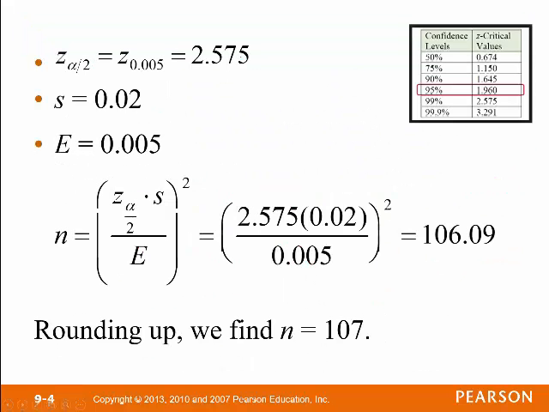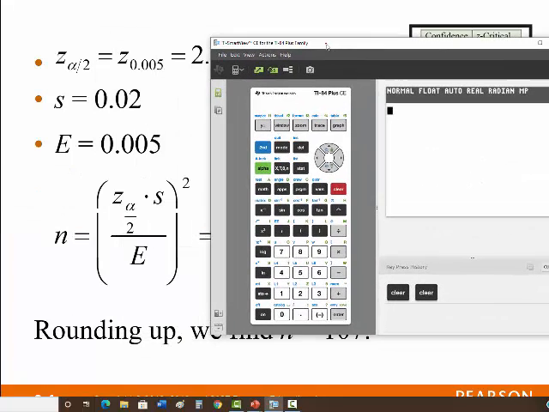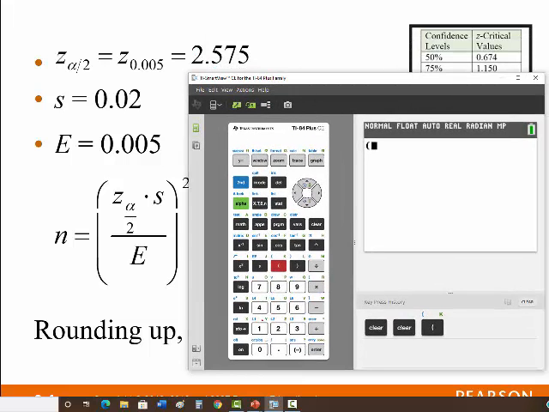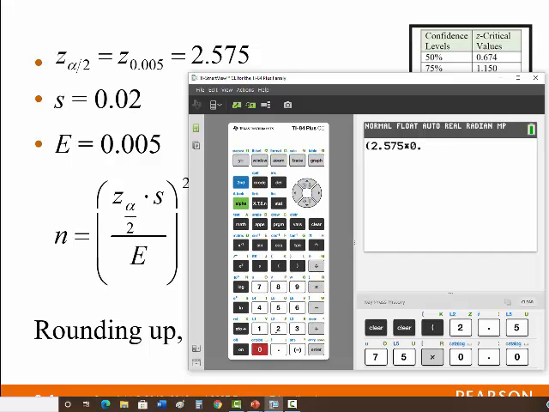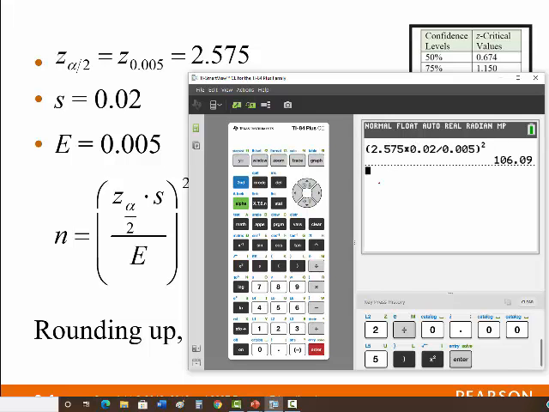Again, you're given the z critical value, the standard deviation, and the error that you wanted. I'll do this in my calculator for you, just so that you can see. In parentheses, you're going to do the z critical value, 2.575, times the standard deviation, 0.02, divided by the error, 0.005, close the parentheses, and then square it.